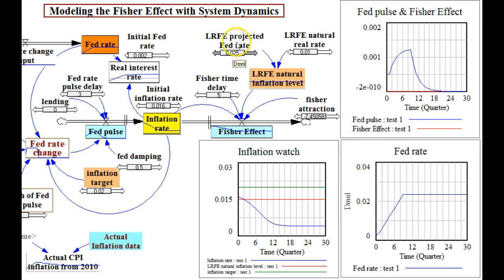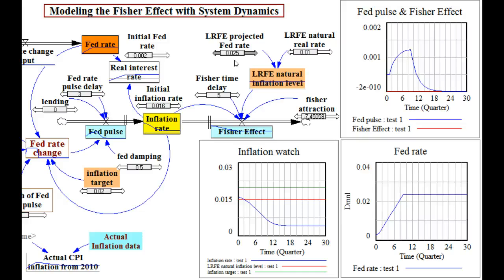Okay, so let's start out with a projection of where the Fed rate will go. Let's say they project that the Fed rate will go to 2.5%. This is 0.025, which is 2.5%, what the Fed rate will go to at full employment. Now the Fed says that they will keep the Fed rate abnormally low once they get to full employment. 2.5% is abnormally low and is sort of conservative. Some people say maybe 2%, maybe 1.5%.